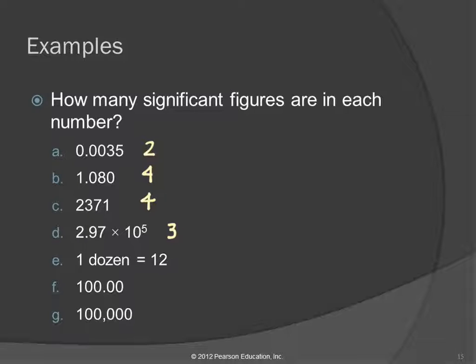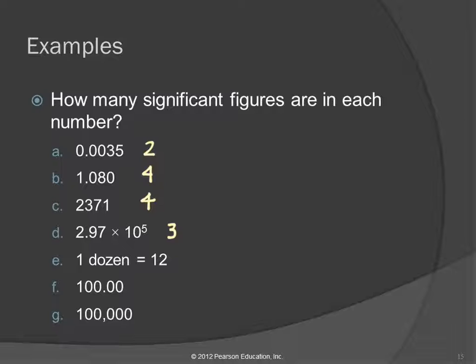How many times did I underline that? Okay, 1 dozen equals 12. I'm hearing 2. If you have a dozen eggs, do you have 12 and a little bit? No, you have 12.